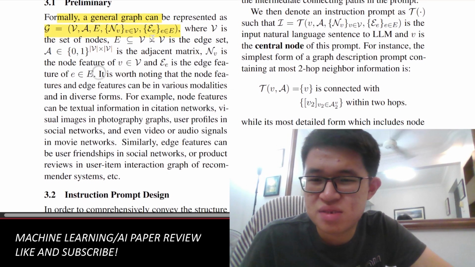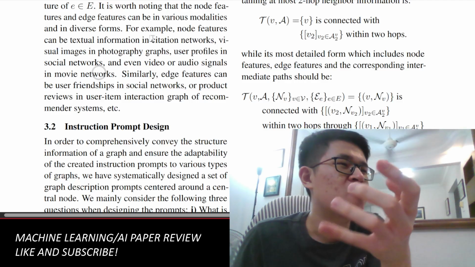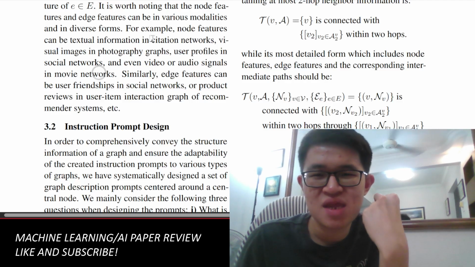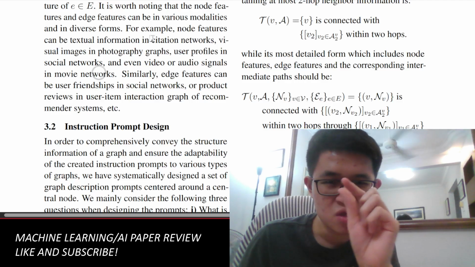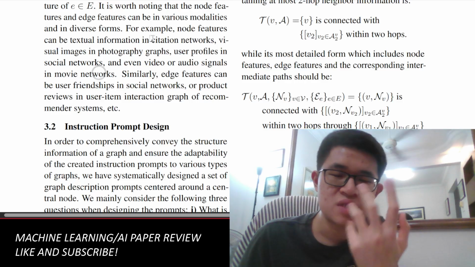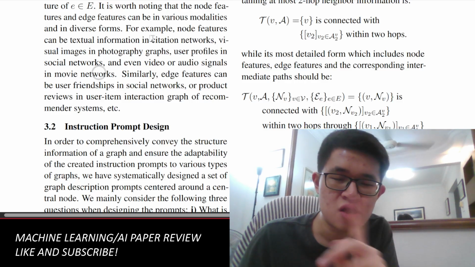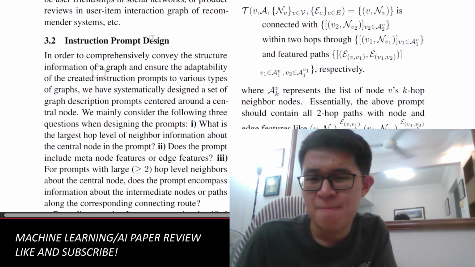If you think about it, a graph can literally represent anything. It can represent an image, the interaction between pixels of the image, or the words in a sentence and the connection, more like the correlation, between them.